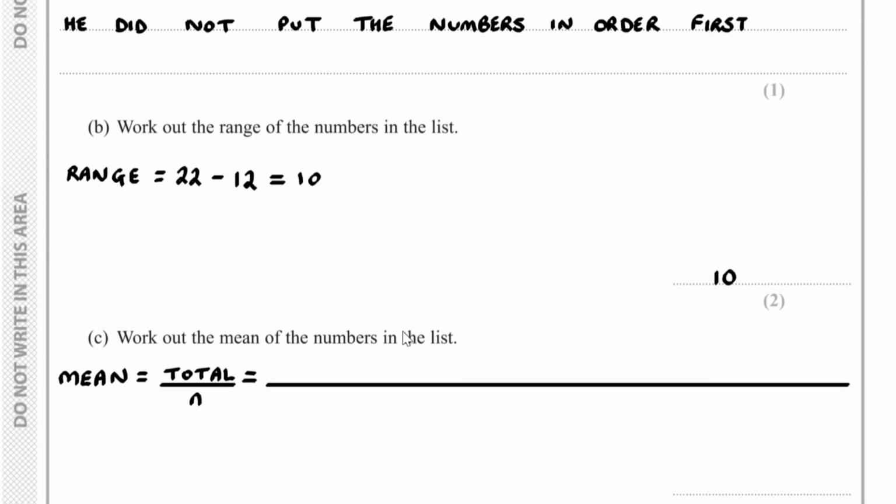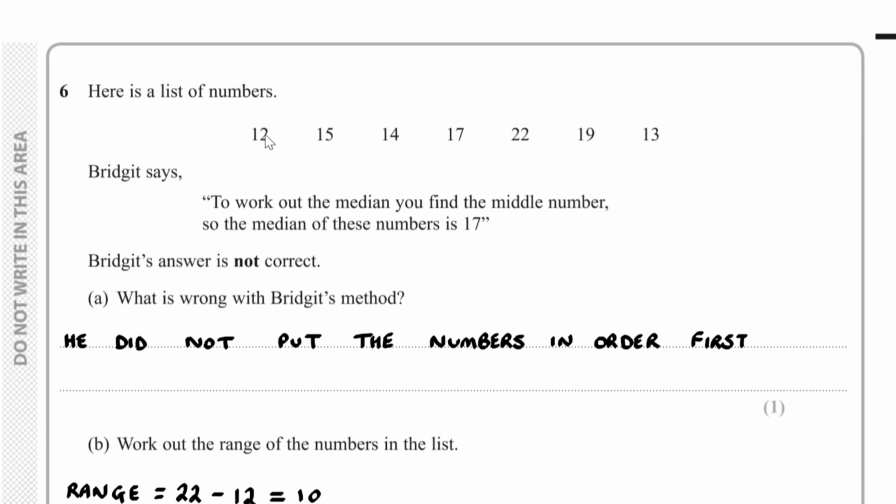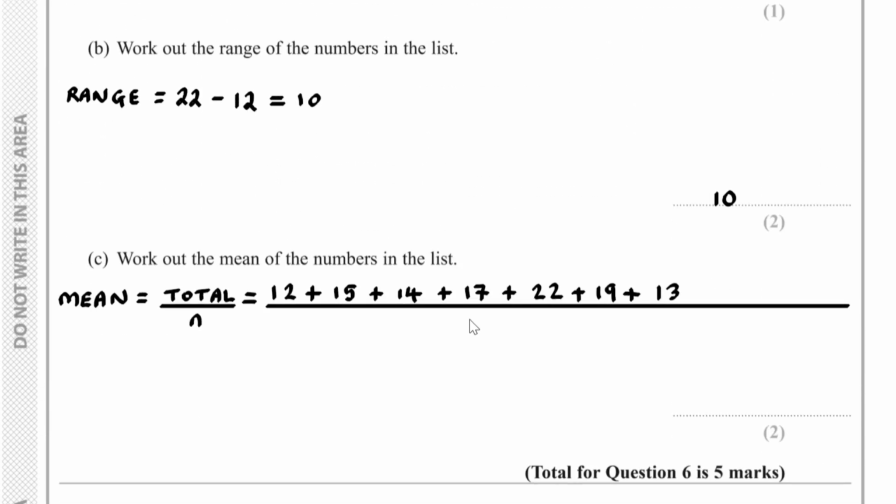So, if we add the numbers together, we've got 12 plus 15 plus 14 plus 17 plus 22 plus 19 plus 13, and we've got 1, 2, 3, 4, 5, 6, 7 numbers altogether.